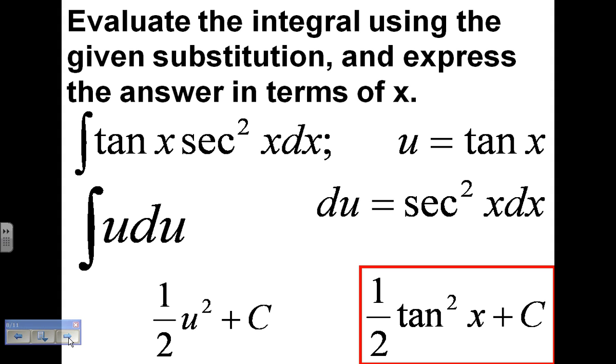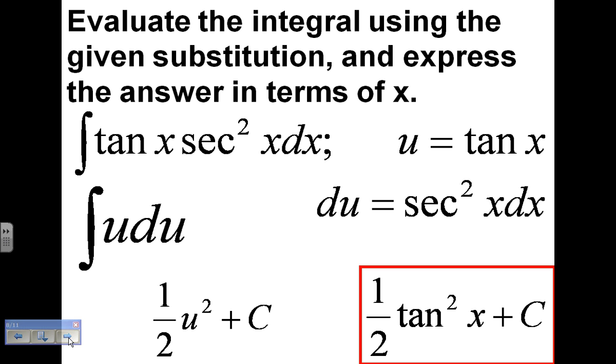In place of tangent x, secant x dx, what can I put in? du. So now I have u du. How do you integrate u du? Same way. 1/2 u squared plus c.